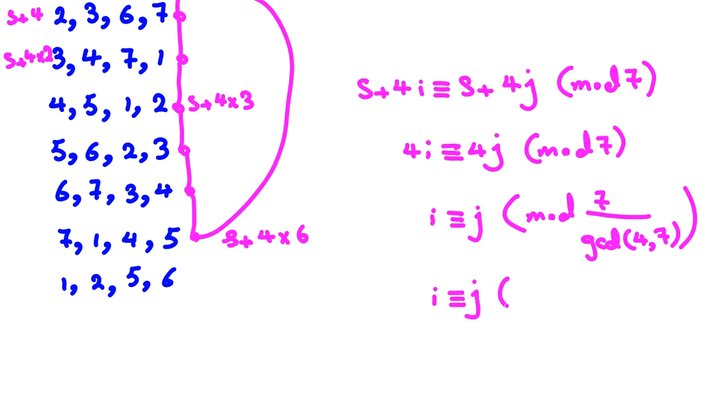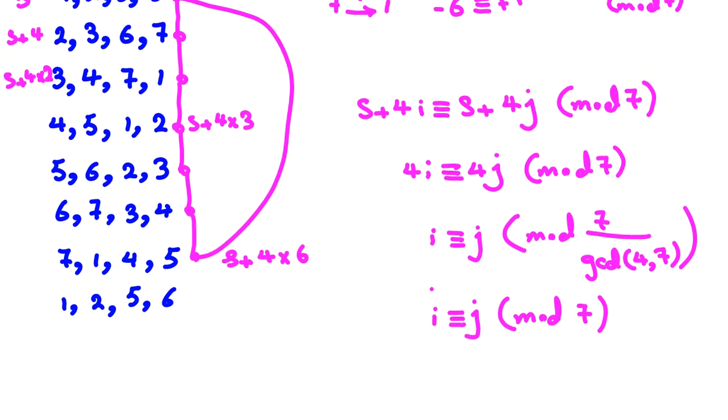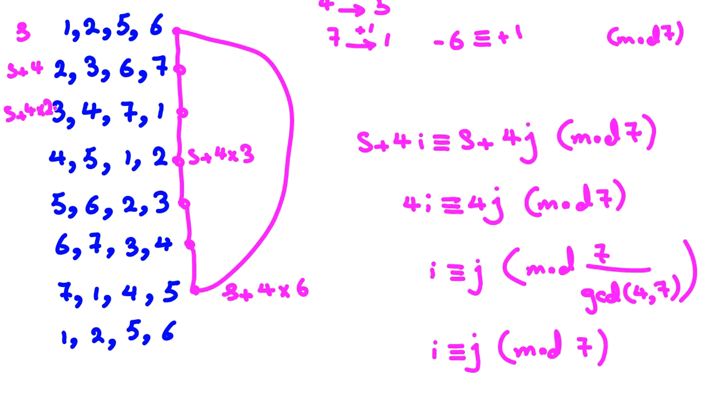So i is congruent to j mod the GCD of 4 and 7, which is 1, so it's mod 7. And because i and j here, as you can see, 4 times 1, 4 times 2 to 4 times 6, i and j are from 0, because it starts from S, to 6. So when the remainder when divided by 7 is equal, i equals j.